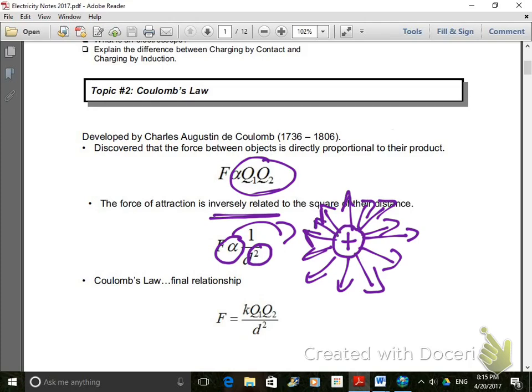So if I look at the area, again, just right next to the charge, I have more lines per unit area, so I'm going to have a really strong force of attraction or repulsion. As I move further out, so if I go out to where the arrow tips are, I have less lines per unit area. The intensity drops off, in this case, exponentially. So the distance has a huge impact.